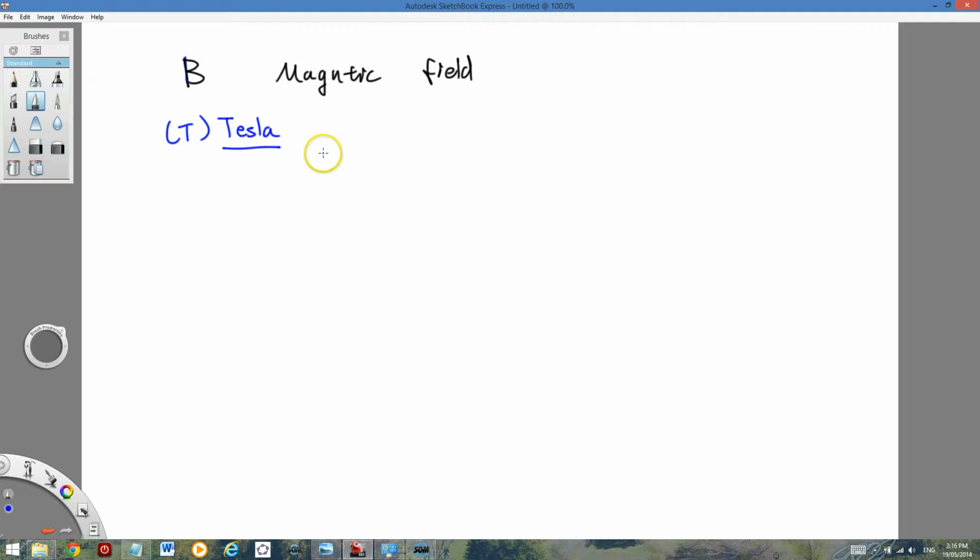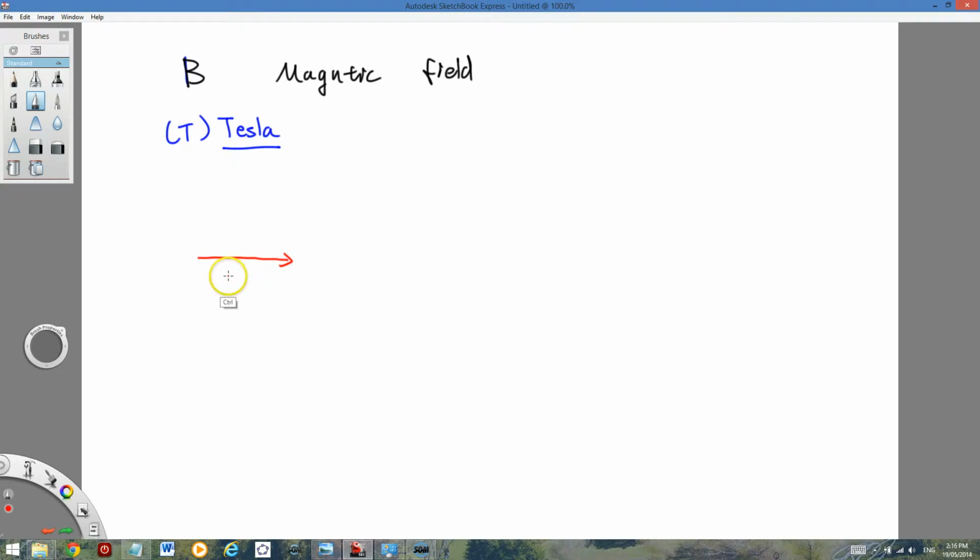What I want you to know now is to try to understand that the magnetic field is actually in 3 dimensions because we live in a 3-dimensional world. So we try to learn how to label it. So the magnetic field can go from the left to the right, or the right to the left.